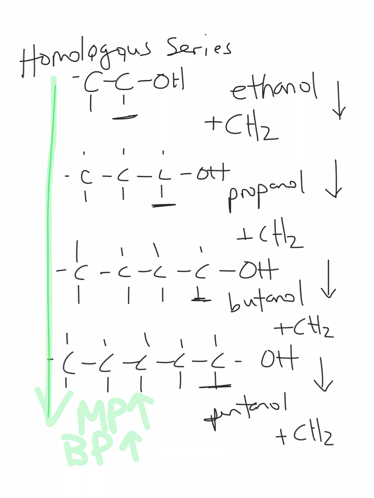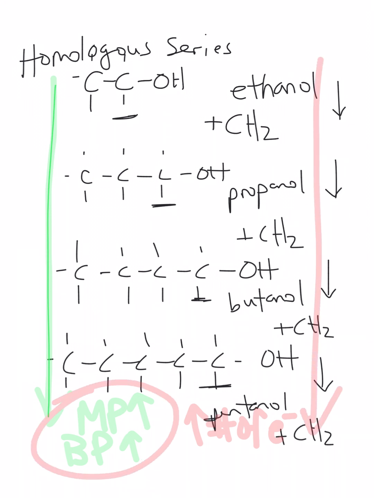This is an intermolecular force that depends on the number of electrons in the compound. Because the number of electrons increases as we go from the top to the bottom, we also get an increase in melting point and boiling point. In other words, it takes more energy to separate one molecule of pentanol from a neighboring molecule of pentanol than it does to separate one molecule of ethanol from a neighboring molecule of ethanol.